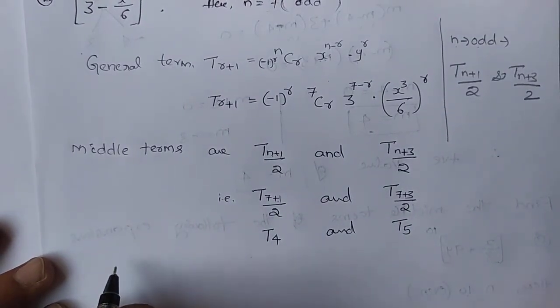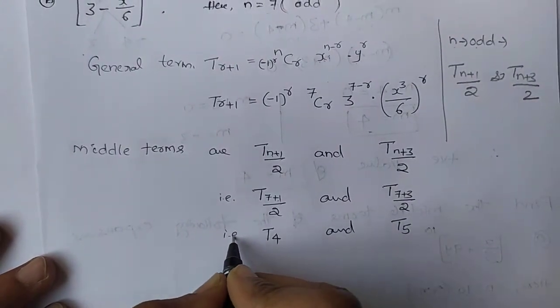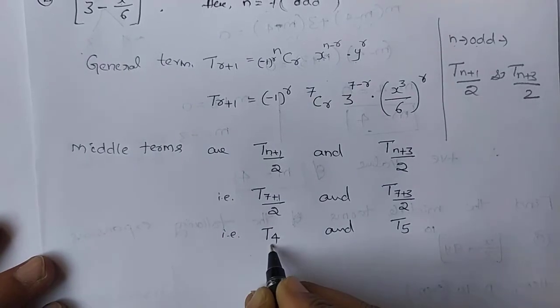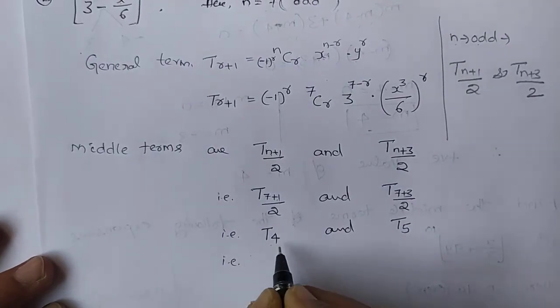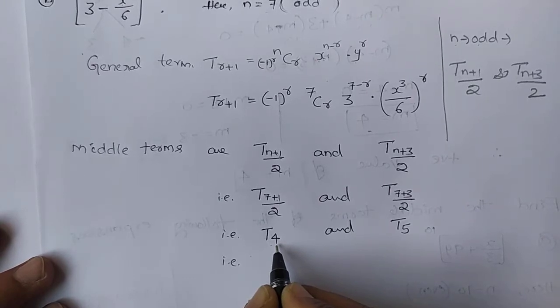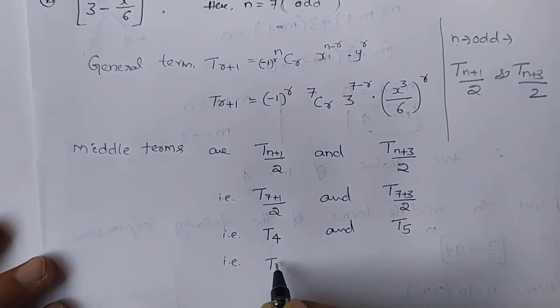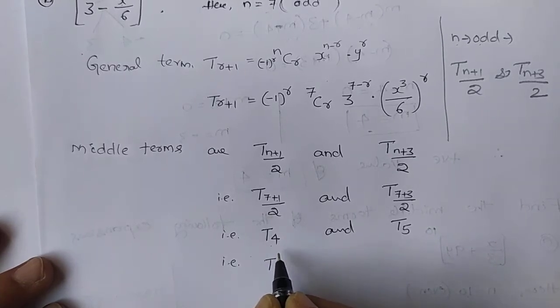Now let us find out the middle terms. T4 can also be written in the form of T(r+1). How to write 4 in the form of r plus 1?